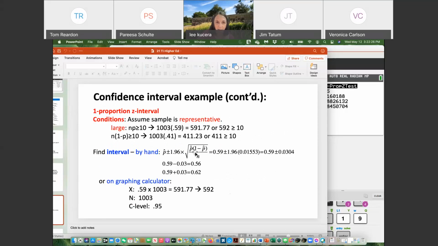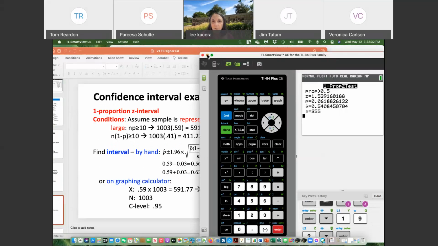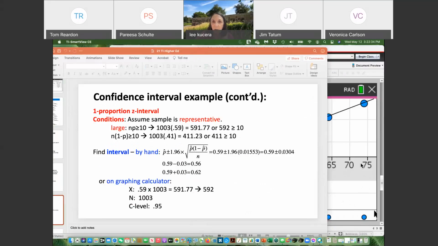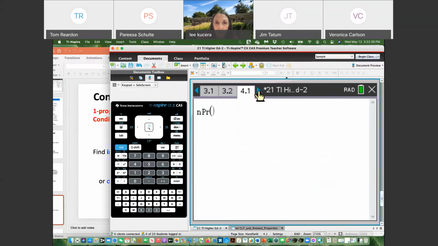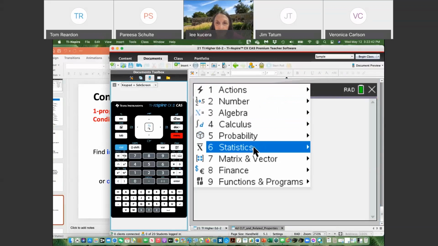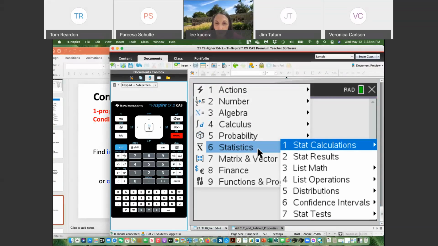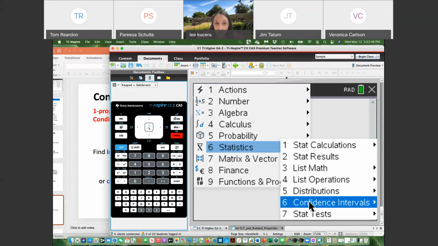If I'm doing it by hand, I would do all this kind of crazy cranking out, but I don't have to do it by hand. I can do it by using my graphing calculator. This time I will use the Nspire. So let's come over here to a new page on the Nspire. I will go menu, statistics. I'm going to do the confidence intervals.